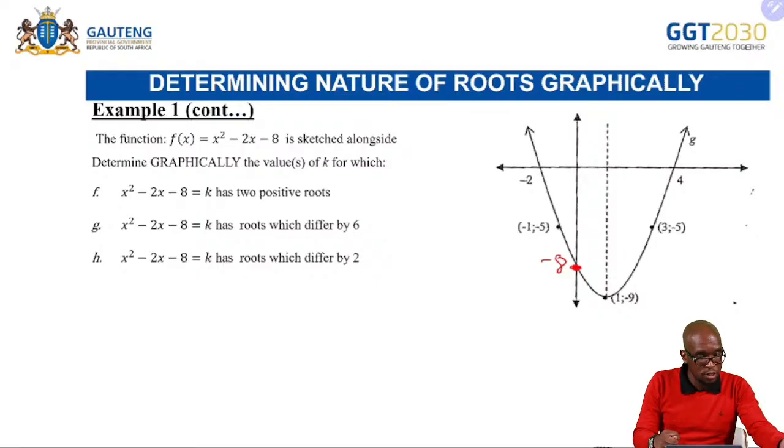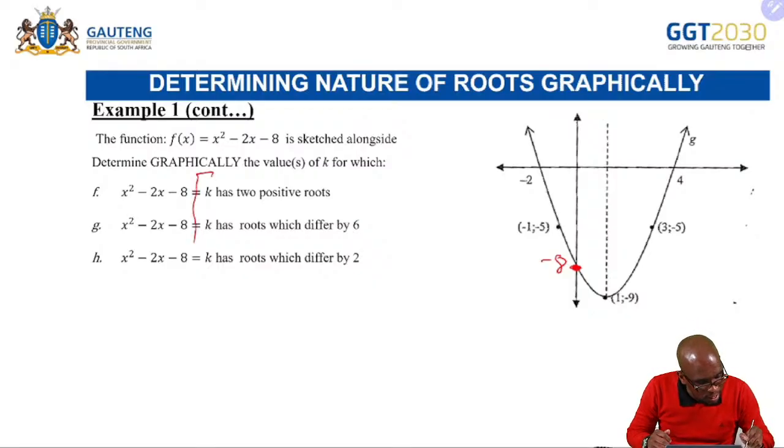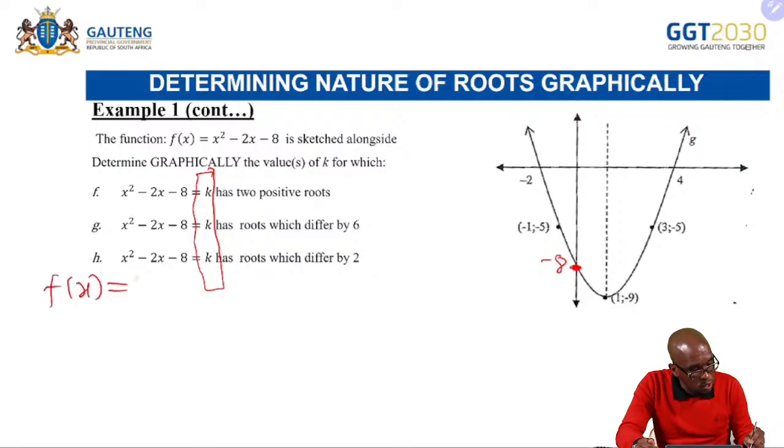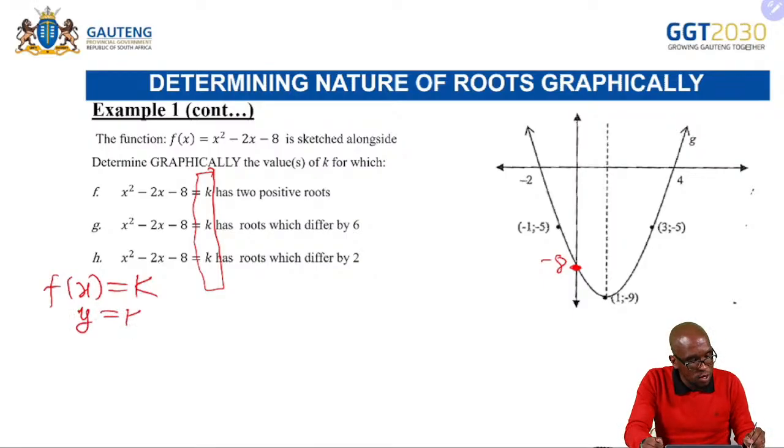Now, k lies where f of x was, so we have f of x is equal to k. So we are moving a line y is equal to k here, but we are interested in where we have two positive roots.